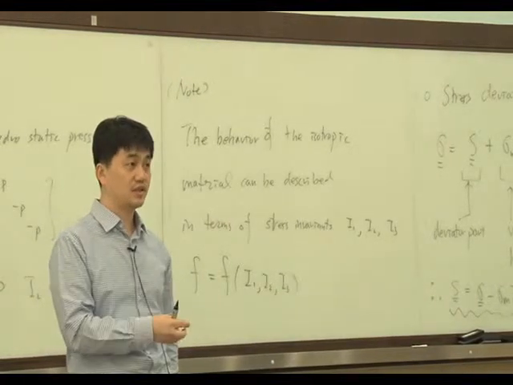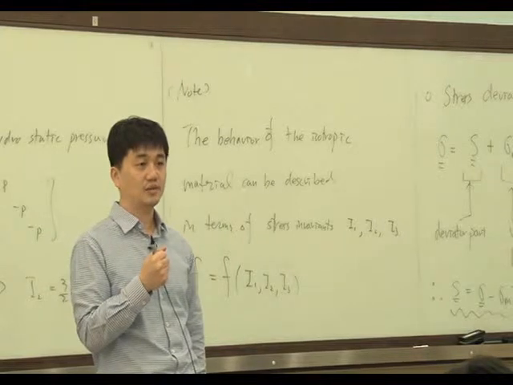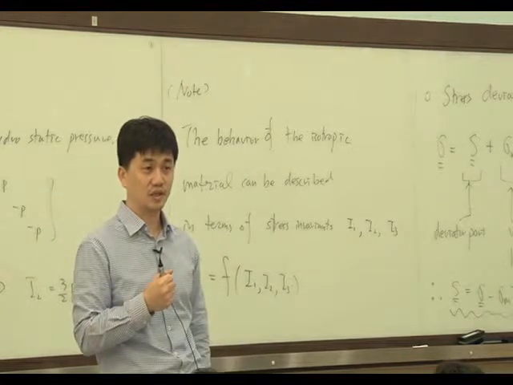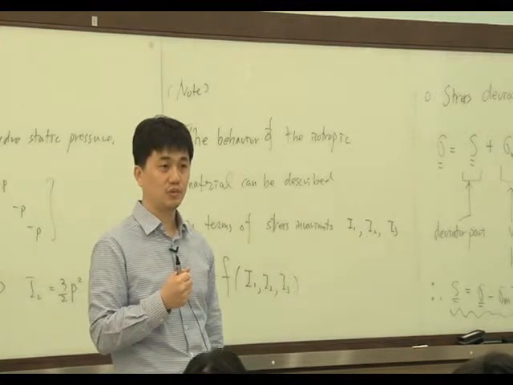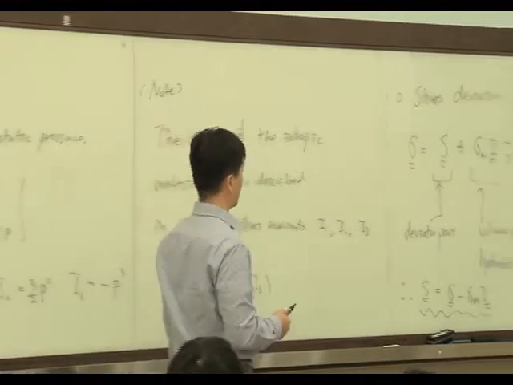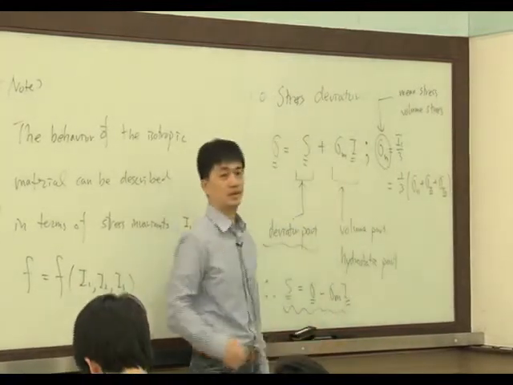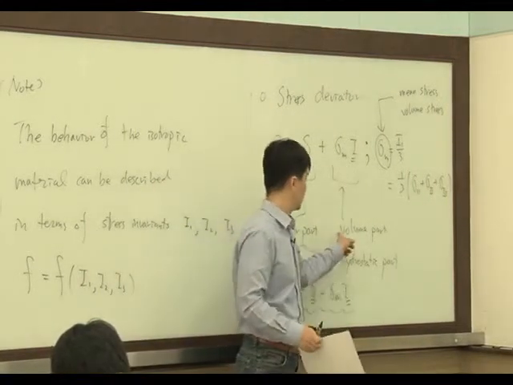So if we subtract hydrostatic pressure from the stress, only the deviator part remains. Why is it called the volume part?